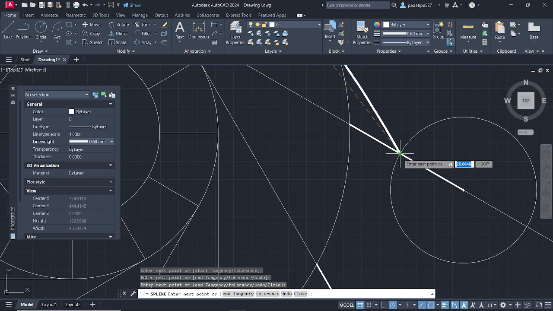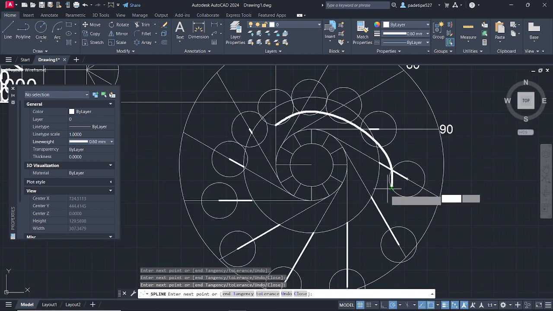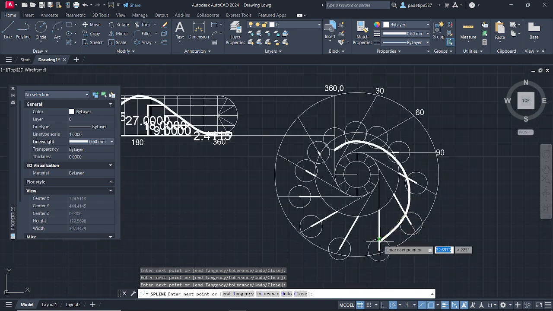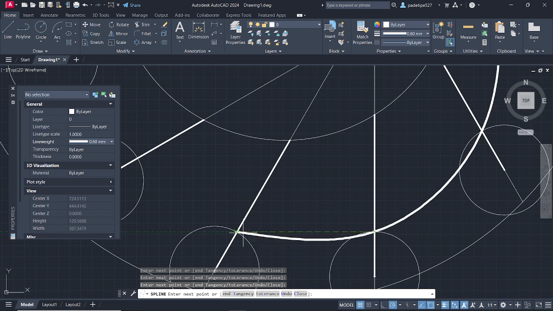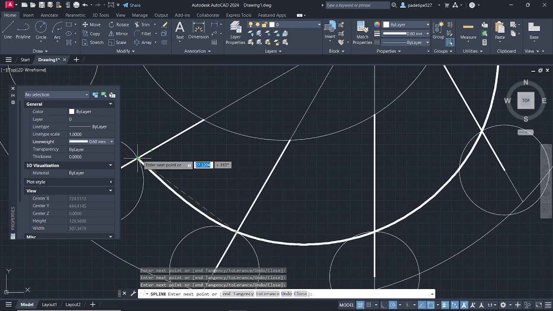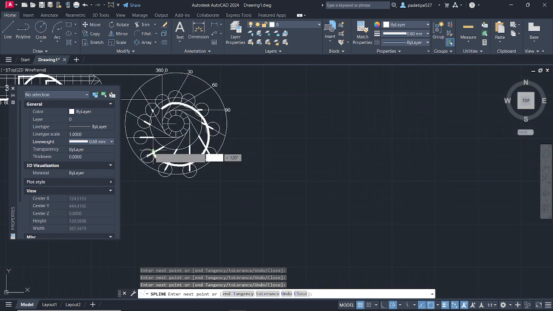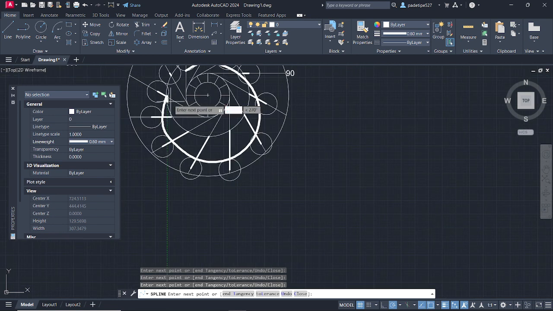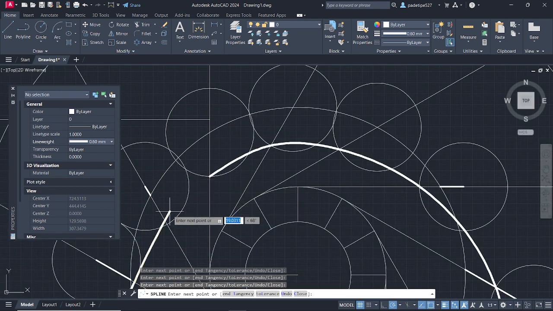Please, you have to be careful about this. Good. To this next point, to this next point, then down to this next point. It's just the bottom of those circles, to this next point, and back here.